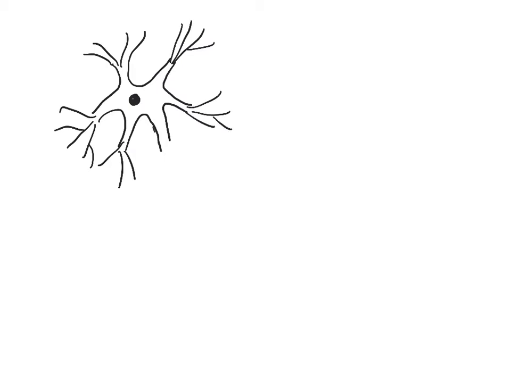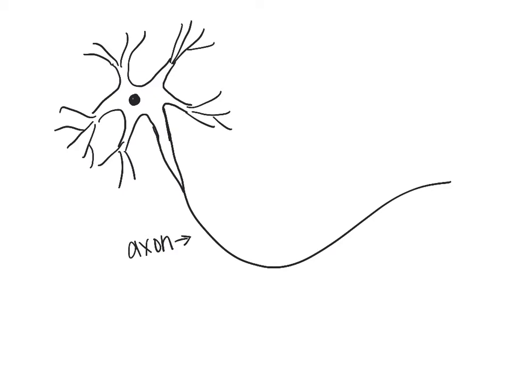Okay, and then we have one long branch structure here, which is going to be called the axon. Okay, so these are dendrites. Cell body with the nucleus, and then the axon.